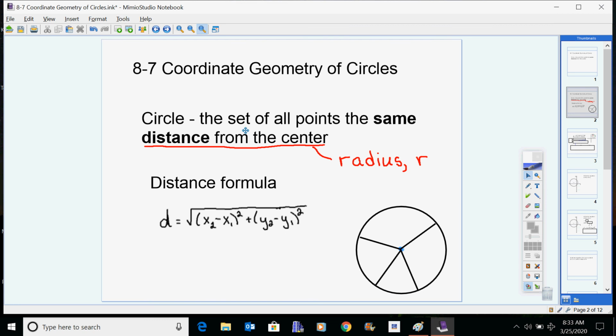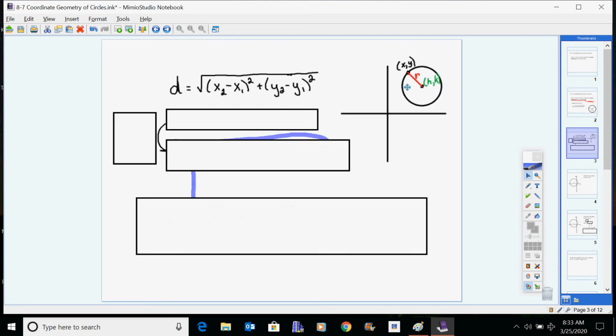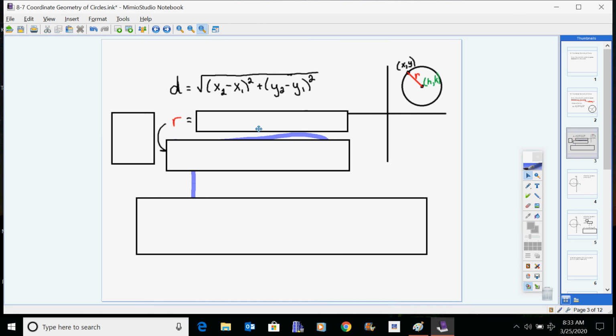We said it's the same distance from the center. So r is our distance in our distance formula when we begin to think about a circle on a coordinate plane. If you've got an x-axis and a y-axis and a circle on the coordinate plane, r is our distance. So we're going to use this formula and plug in r for the distance. We want to think about what x1 and y1 are.